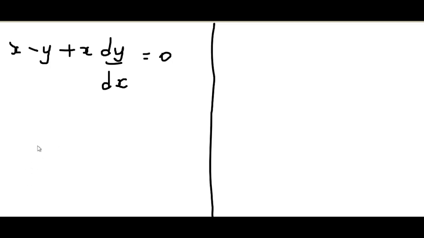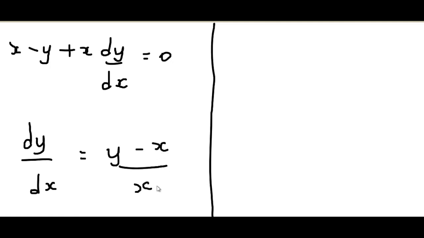So our equation will be left as dy over dx equals y minus x over x. So we are going to prove whether it's homogeneous.